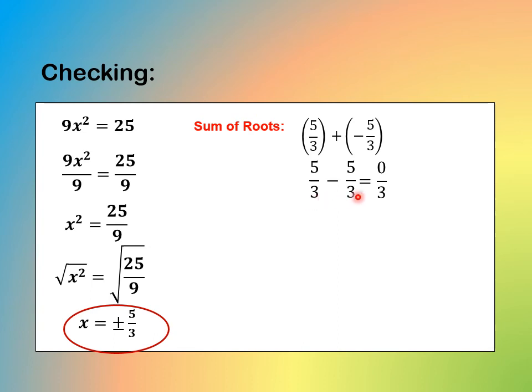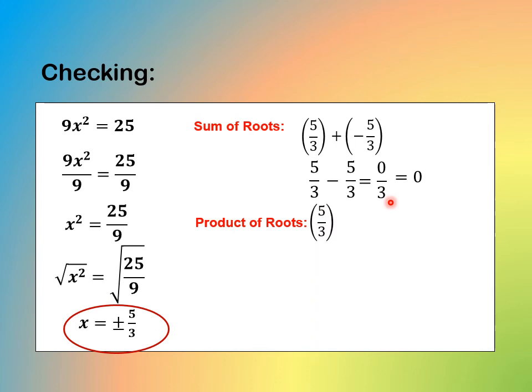Since they have the same denominator 3, copy the common denominator and then subtract the numerators. So we have 5 minus 5, that will become 0, and then copy the denominator 3. Remember that 0 divided by any number, the answer is always 0.